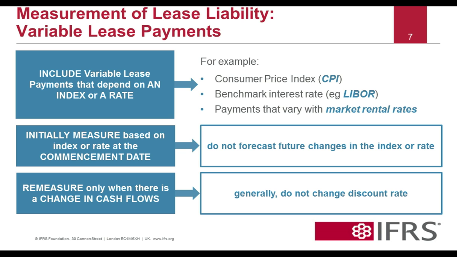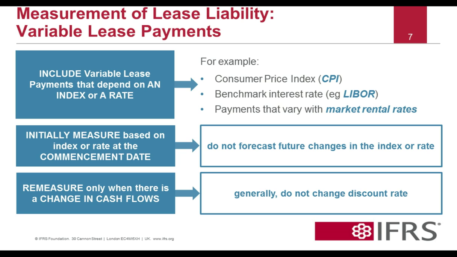To take an example, imagine a lessee enters into a 10-year lease with annual lease payments of 100 that will increase every 2 years on the basis of the increase in a particular rate. At the beginning of the lease, payments used for measuring the lease liability are taken to be 100 in each year throughout the 10-year lease term.